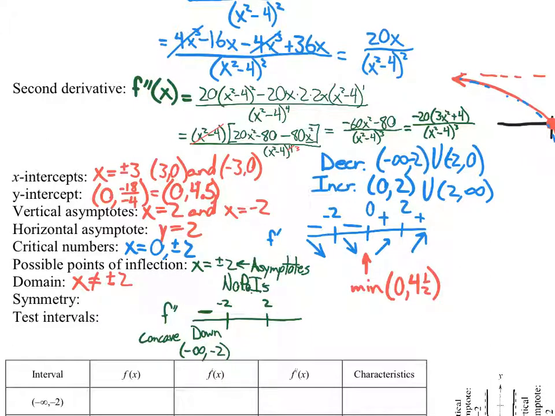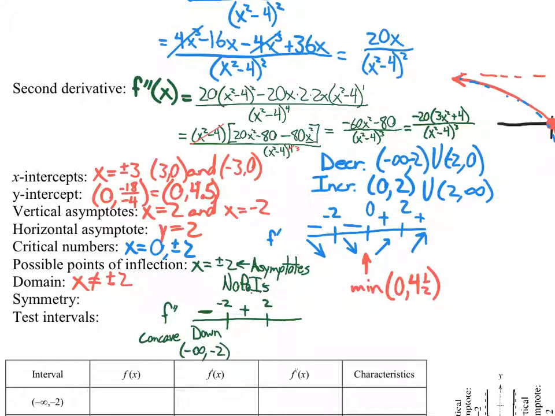Now I test in between. If I plug a 0 in, what am I going to get? Positive or negative? Wait, no. It's positive. It's going to be a negative over a negative. I'm going to have -20 times +4 over a negative cubed, which is negative. Negative over negative is positive.